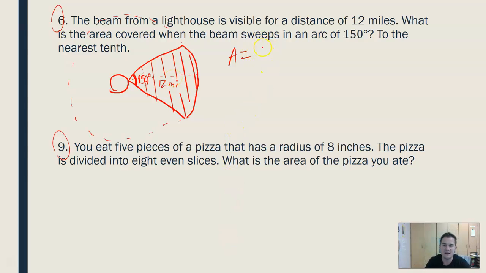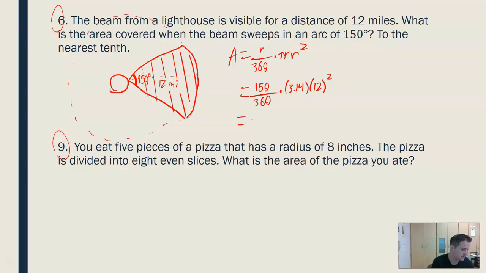So I find that area by taking n divided by 360 multiplied by the area of the circle, pi r squared. Well, I find this fraction that the sector takes up of the whole circle by taking 150 degrees divided by 360 degrees, and then multiply that by the area, which is pi, 3.14, r squared, or 12 squared.